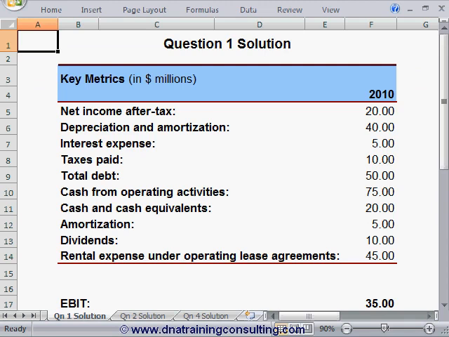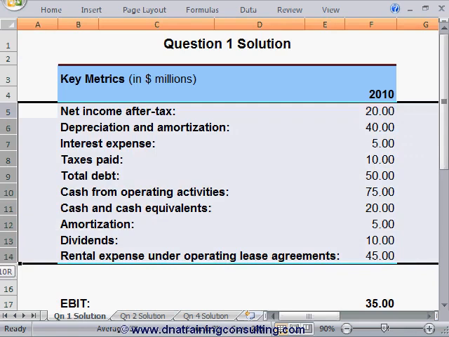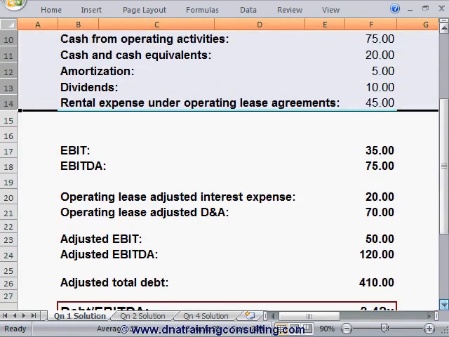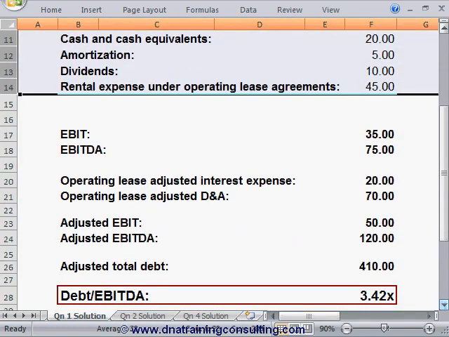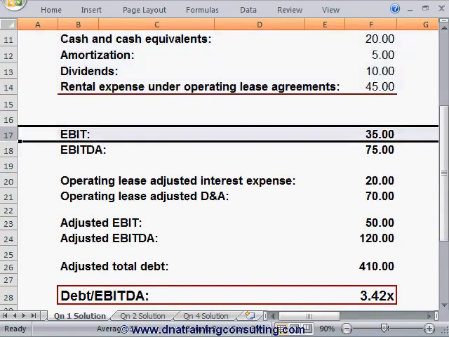Solution to question 1. The worksheet you see here, labeled Question 1 Solution, begins by reproducing the key metrics you were given in rows 5 to 14. Immediately underneath, beginning on row 17, we have calculated the various ratios and other metrics needed to answer this question.